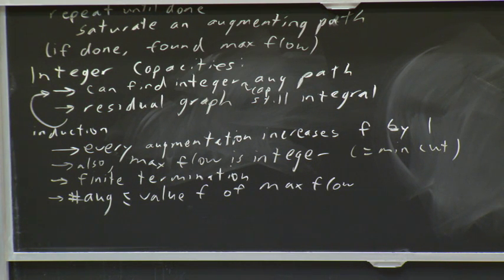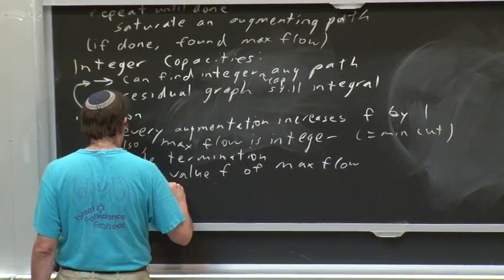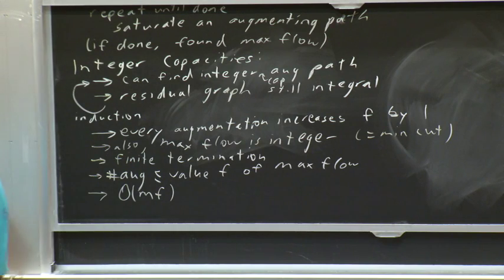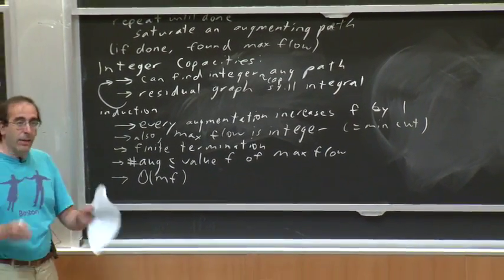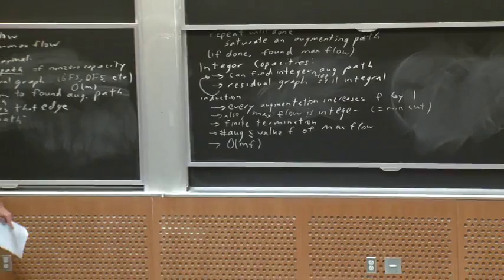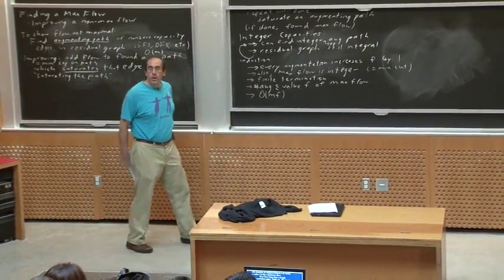Order m. It's just a breadth first or depth first search. So we can claim our first time bound for max flow as order m times f. Now, as you say, this can be exponential in the size of the numbers that we're dealing with, but at least it's a bound.